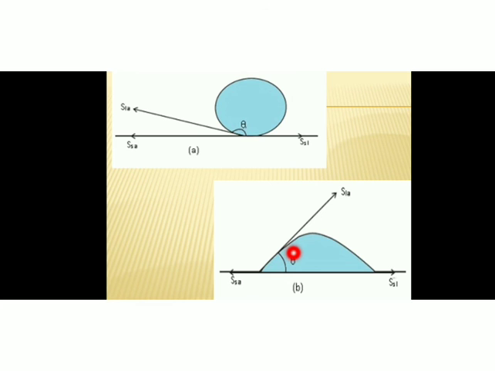So this is the angle of contact, and this angle of contact is acute, so this water droplet will spread on the solid surface. Okay, so in such cases water is able to wet that particular surface. So that is the significance of angle of contact. It determines whether the liquid will wet that surface or not.